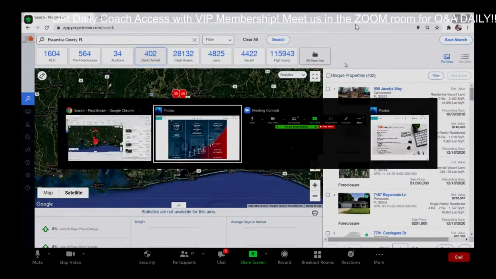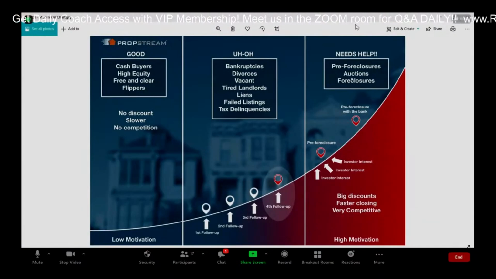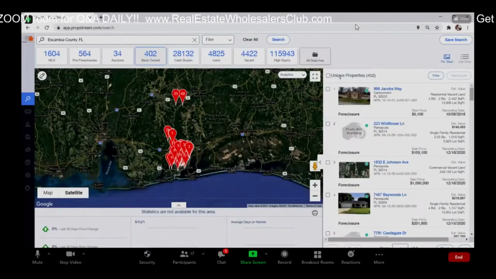Yeah. So because Justin's in the pre-foreclosure and I have to beat him out, remember, I know the uh-oh categories. I know that a lien, if not paid, will turn into pre-foreclosure. I know if that divorce is ugly and you guys don't start paying your payments, it's going to go into pre-foreclosure. That bankruptcy can turn into pre-foreclosure. That failed listing can turn into pre-foreclosure, right? So while Justin's over there, I need to edge him out.